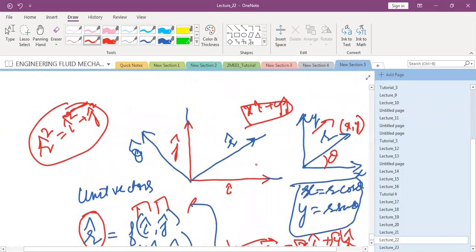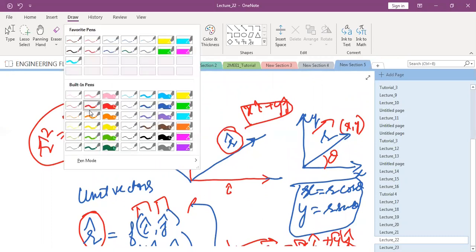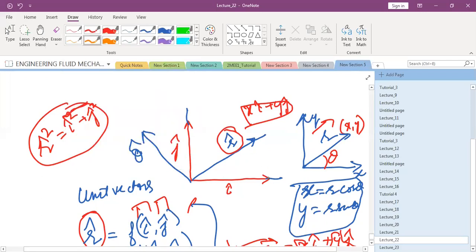What you do is, you want to find out r cap. What part of i cap will go into r cap? You simply project i cap onto r cap.